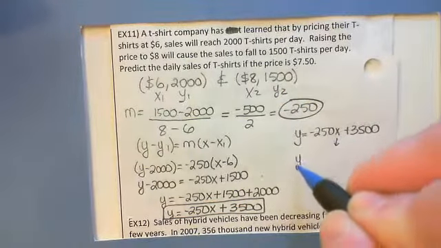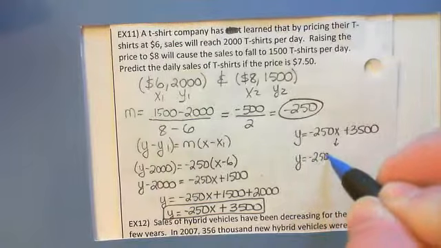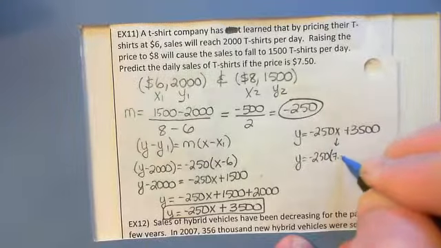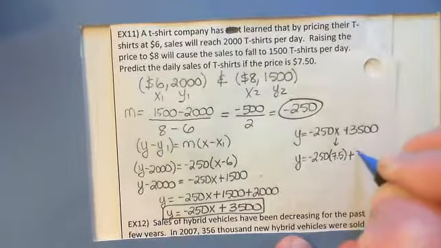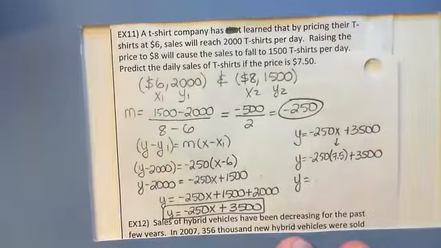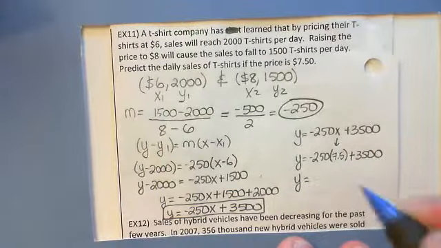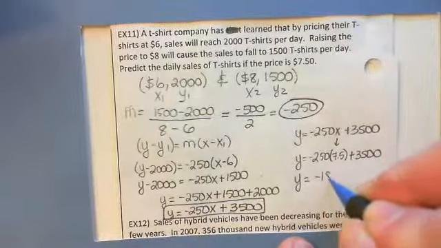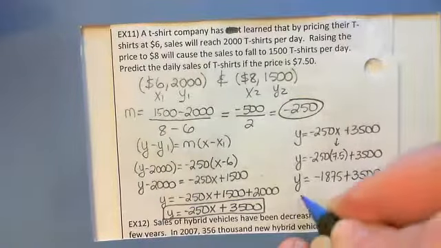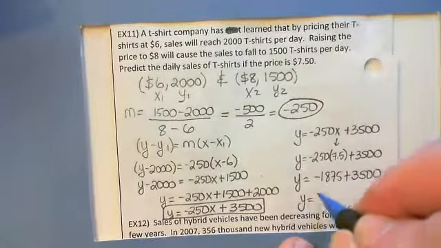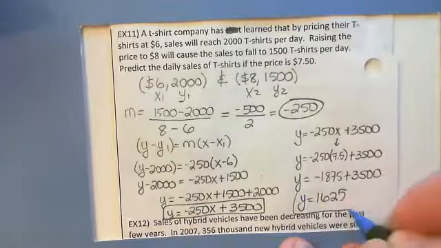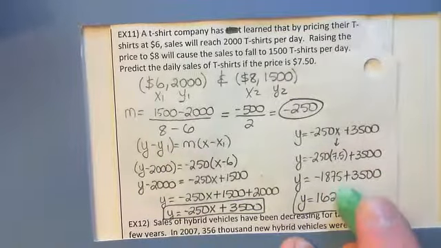So we're going to plug that in and find out how many t-shirts we should expect to sell if the price is 7.50. So negative 250 times 7.5 is negative 1,875 plus the 3,500. We should expect to sell 1,625 t-shirts.